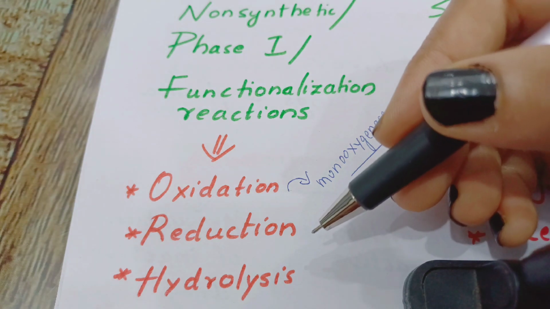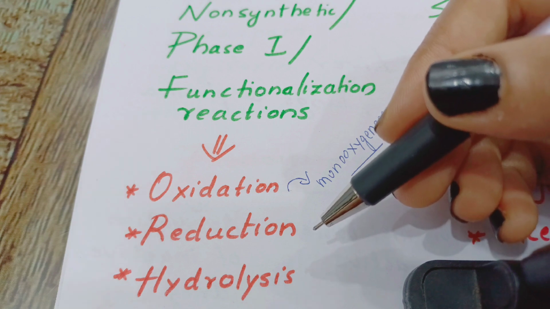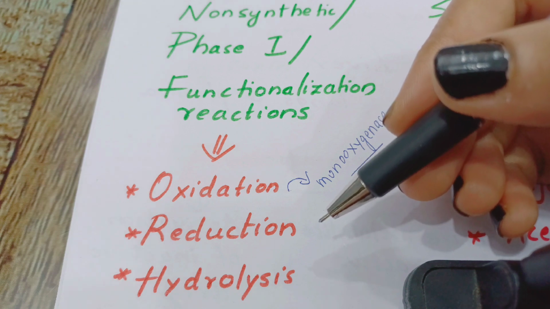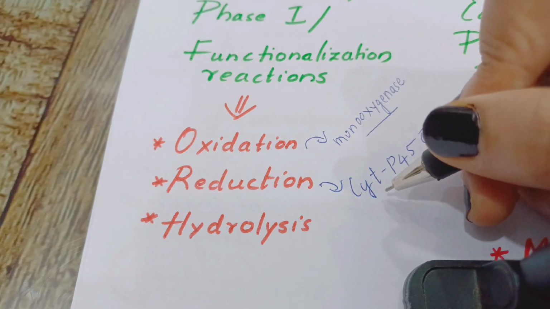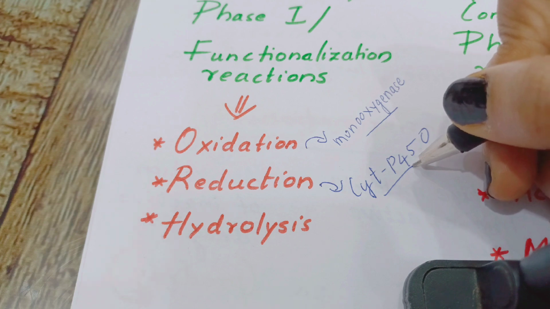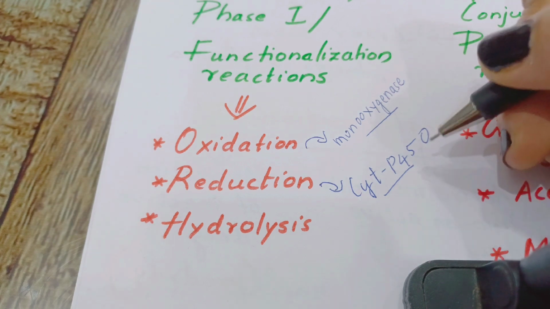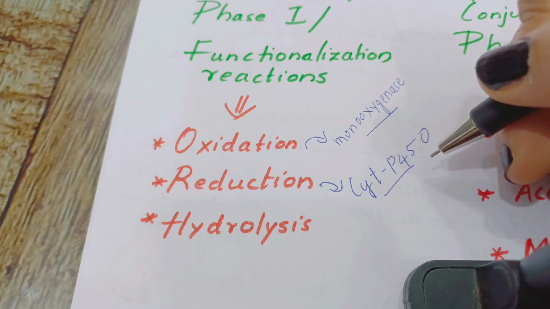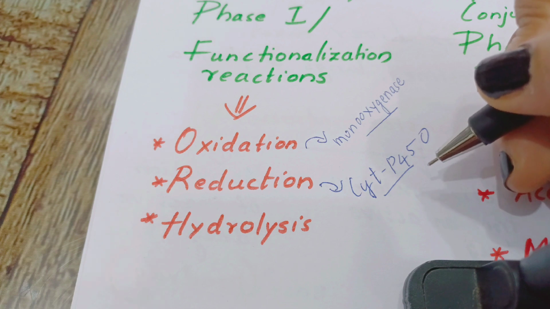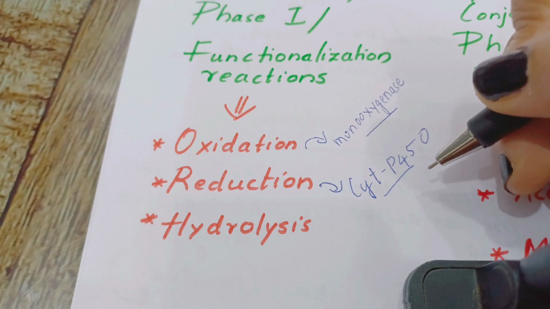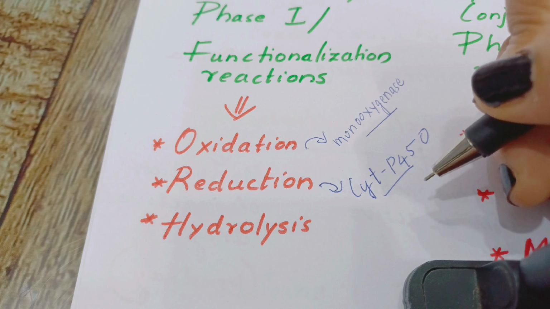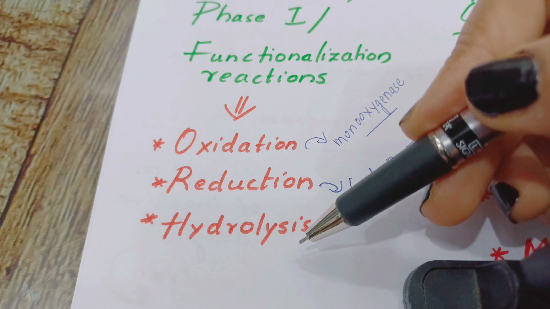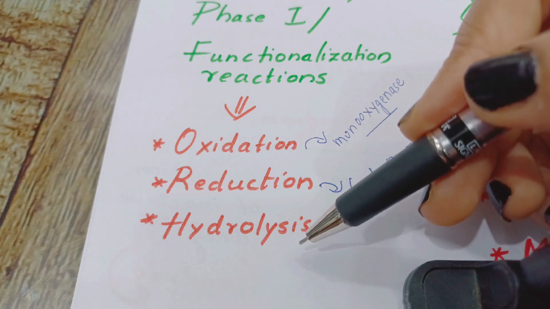Next one is reduction. As you know, it is the opposite of oxidation, and it involves cytochrome P450 enzymes. Alcohols, aldehydes, quinones are reduced. And the examples of drugs which are reduced include chloral hydrate, chloramphenicol, halothane, warfarin, etc. Now the next phase 1 reaction is hydrolysis.